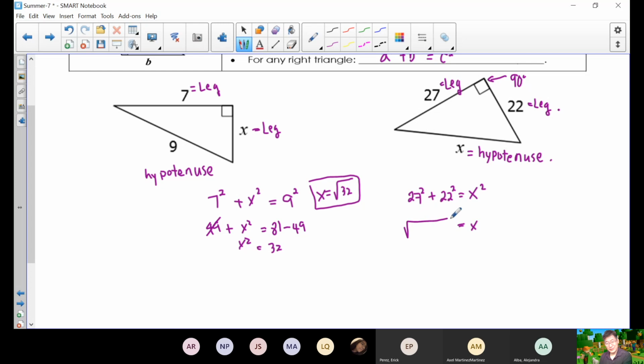You only need to do the square root, right? 27 square, 22 square. Let me calculate with the calculator. 22 square plus 27 square. Bang. 1213. That is the answer.